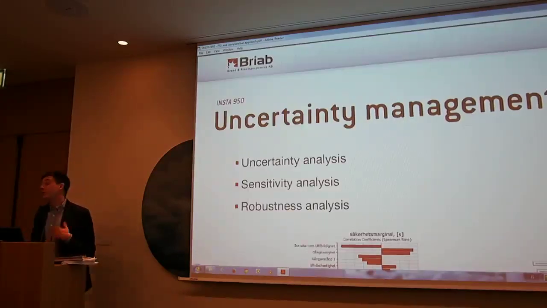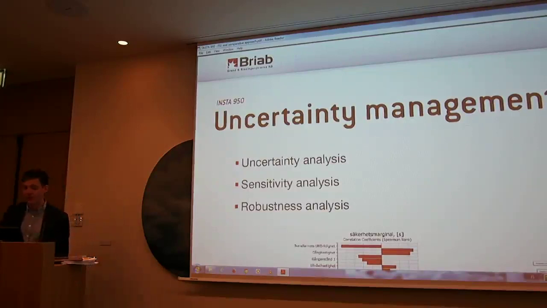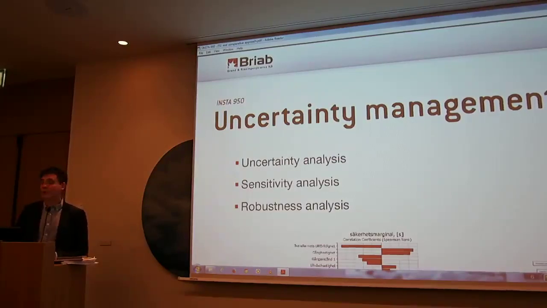And when you have done this, yeah, it worked out, but how uncertain is the model, how much sensitivity does it have, and how robust is this concept that I work with. To show this, I did some kind of regression analysis to see what parameters affect the result most.